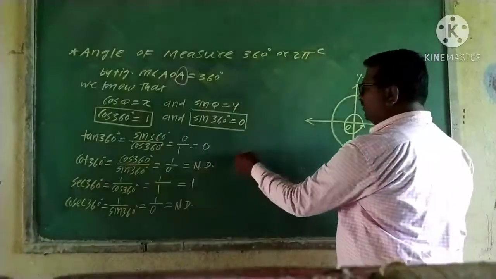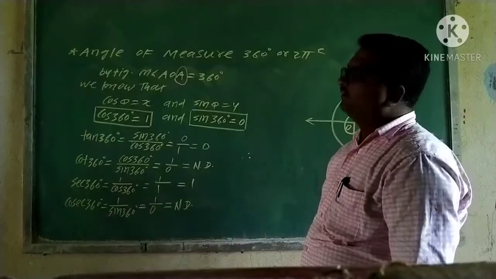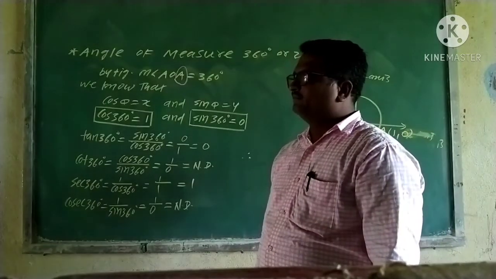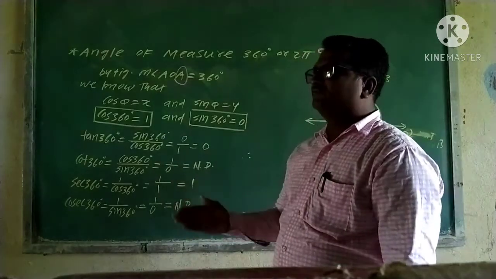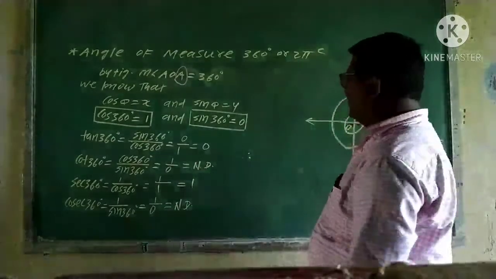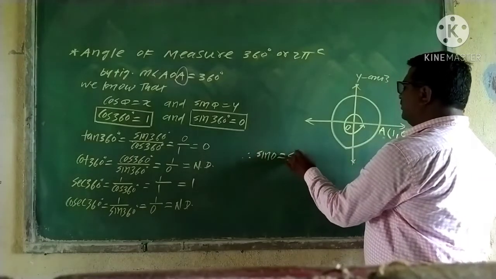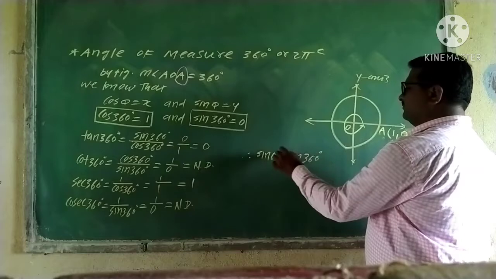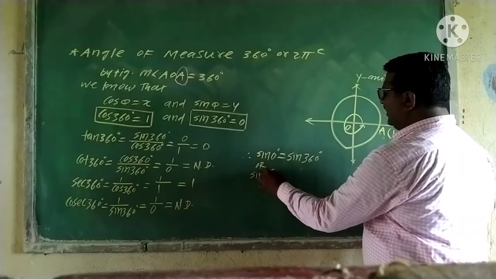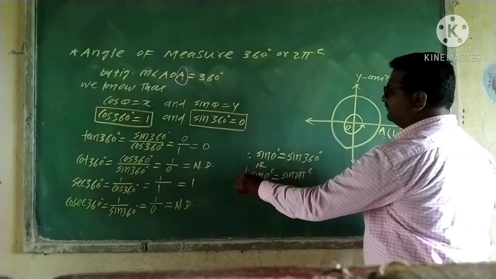So by the first point in the last lecture, for angle of measure 0 degree or 0 radian, we get the values of sine of 0 and sine of 360 are the same, so we can write sine of 0 equal to sine of 360 degree, or sine of 0 radian equal to sine of 2 pi radian.